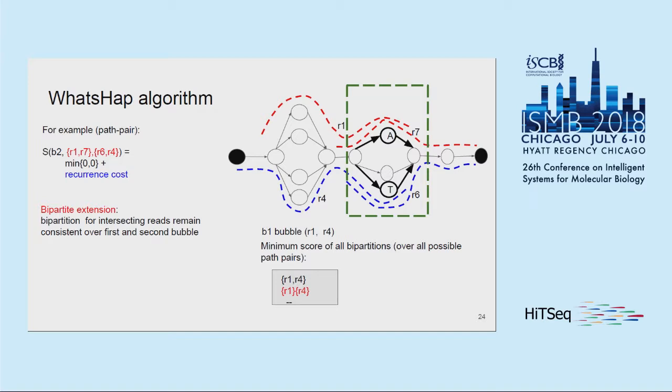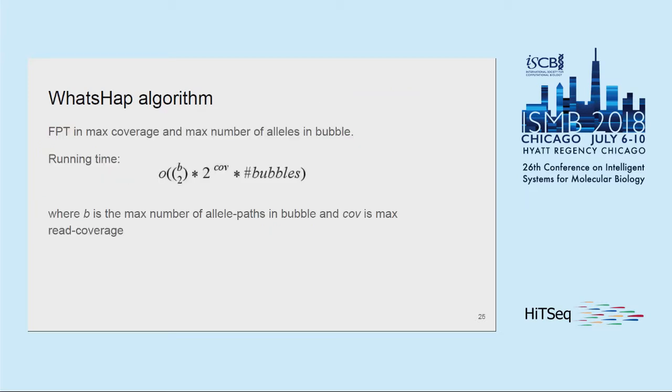Therefore, we consider the cost for this partition and add it here and store this cost in a DP table. And we compute this cost for all possible bipartitions and store it in a DP column for this bubble. And this way we can recurse until the last bubble and finally backtrace to get the haplotype paths. So the WhatsHap algorithm is fixed parameter tractable in maximum coverage and maximum number of alleles in a bubble.